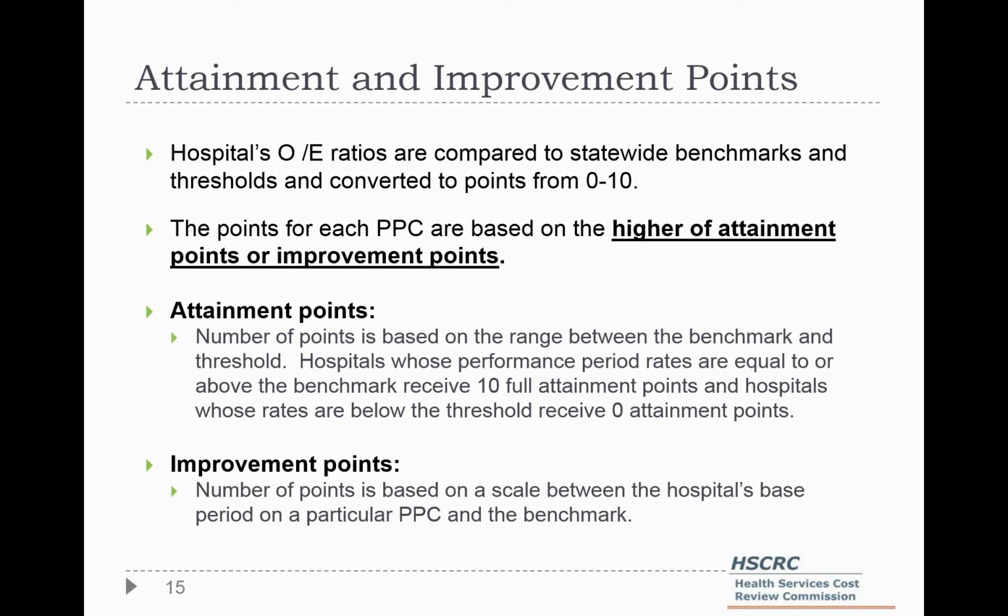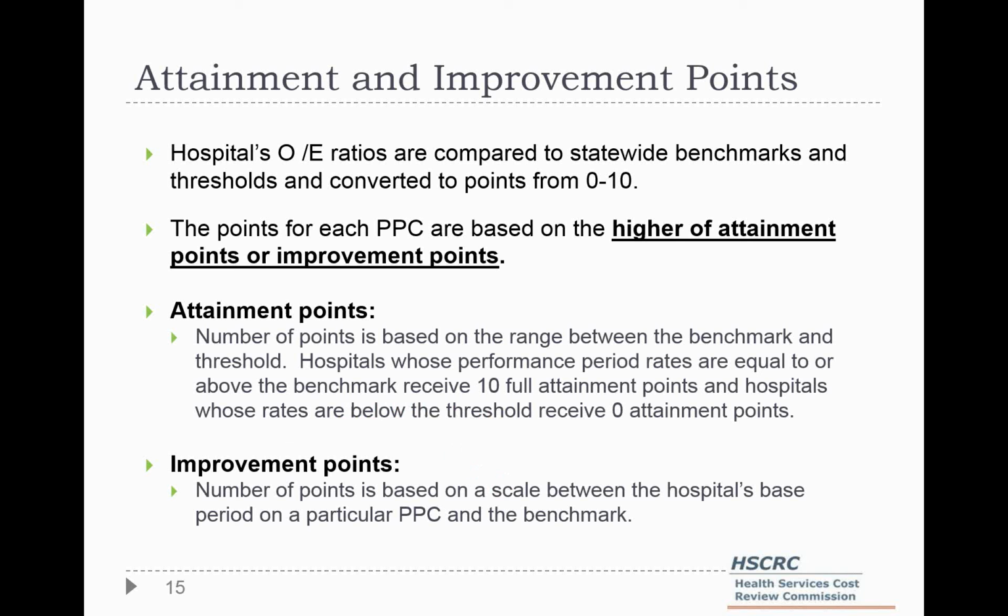So again, in this case, lower numbers are better. So it should say below the benchmark here. I apologize. And hospitals whose rates are above the threshold will receive 0 attainment points.